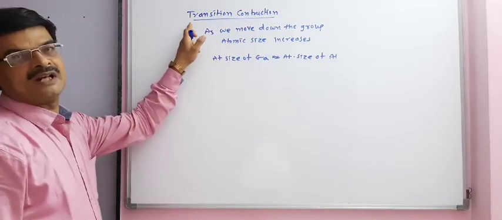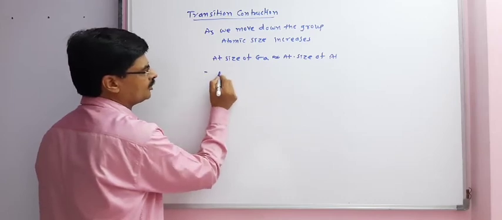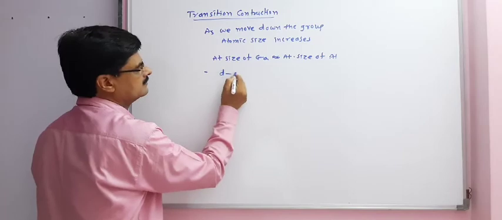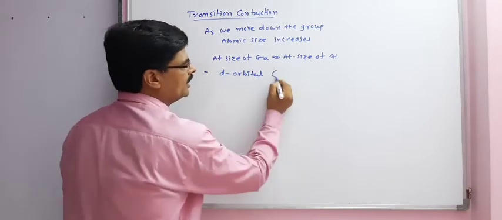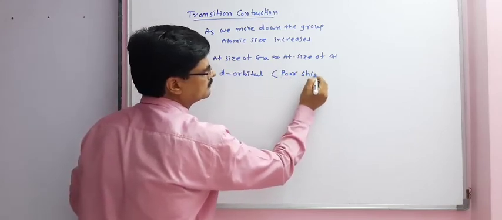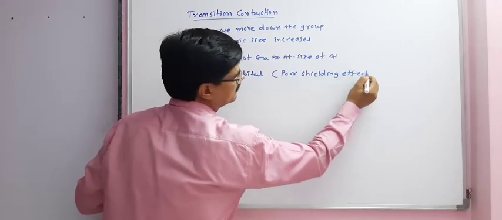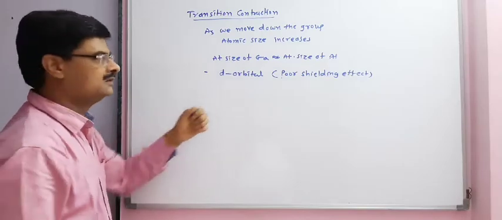This is because of transition contraction, and also we can say d orbital, which has poor shielding effect. Poor shielding effect of d orbital.